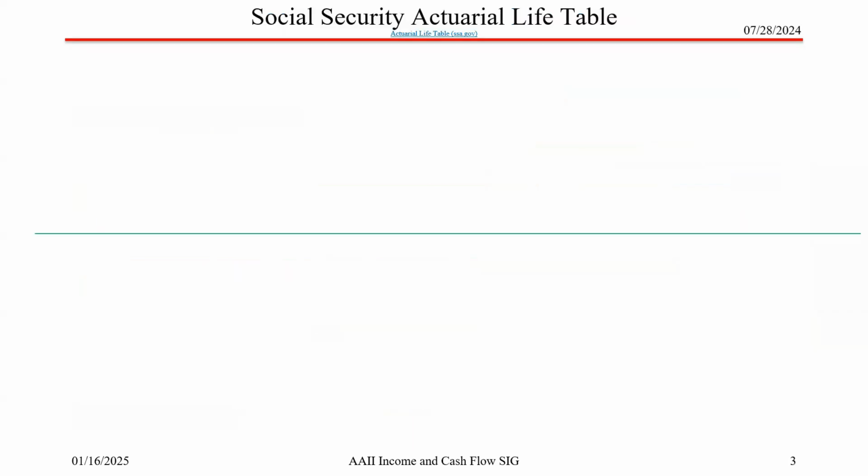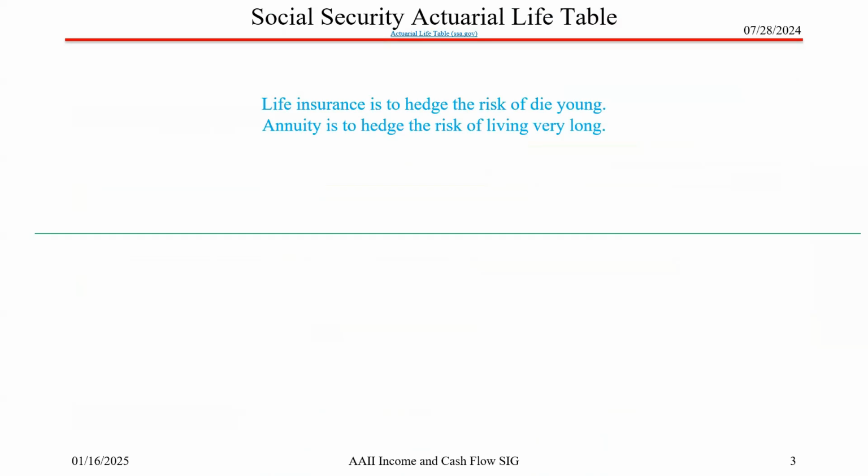So, talking about annuities. Here is the Social Security actuarial life table. Now, you buy an annuity from a life insurance company, most likely. Life insurance is to hedge the risk of dying young. However, an annuity is to hedge the risk of living very long. So the salesperson will tell you that you need both to cover both ends.